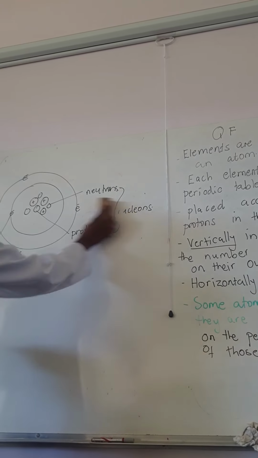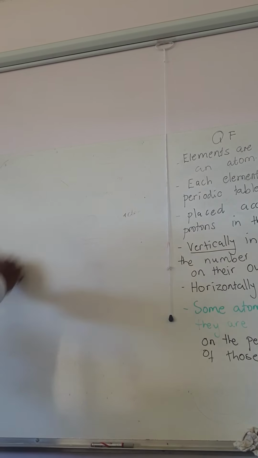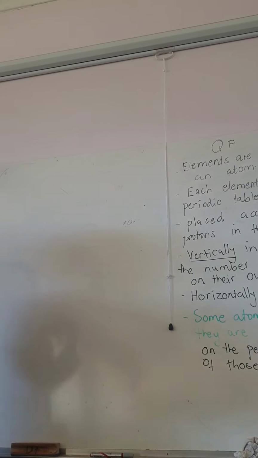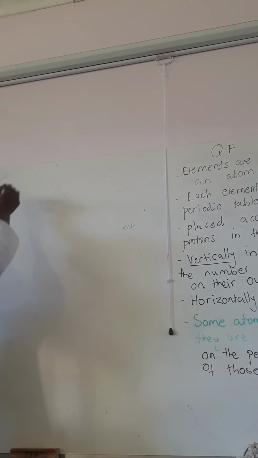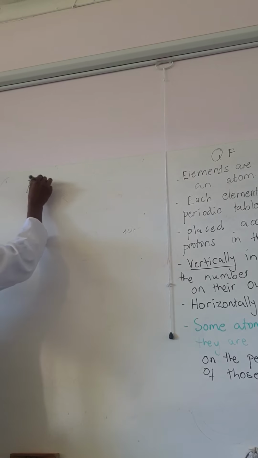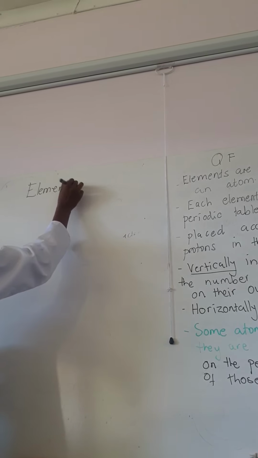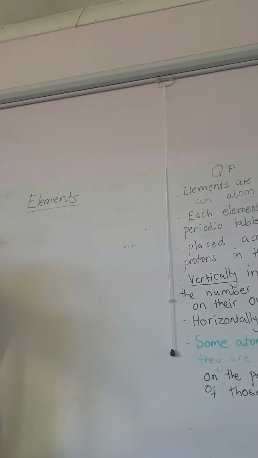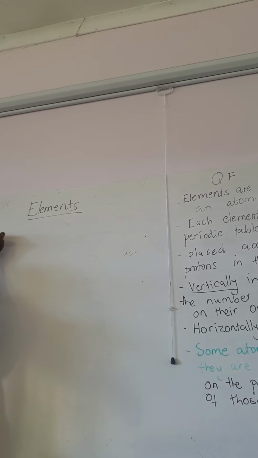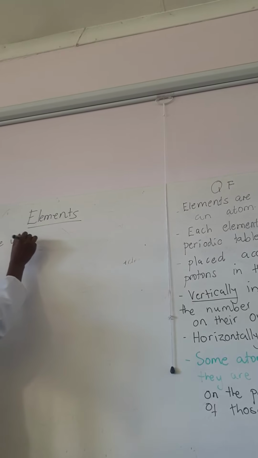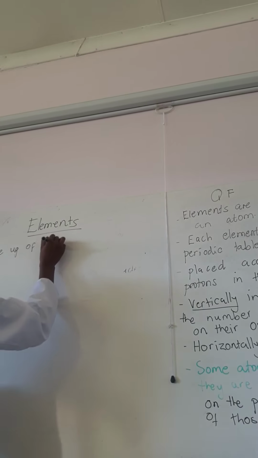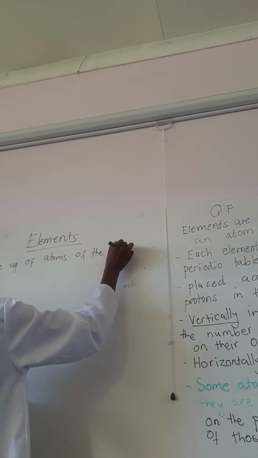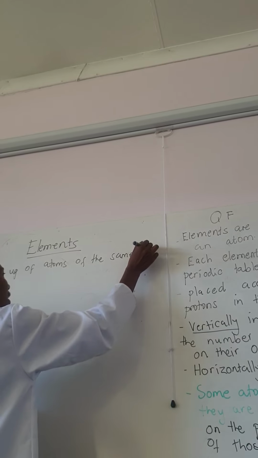Now, you need to understand the fact that the elements are made up of the same kind of atom. Today we are going to concentrate more on the elements. Like I told you previously, the elements are made up of atoms of the same kind.